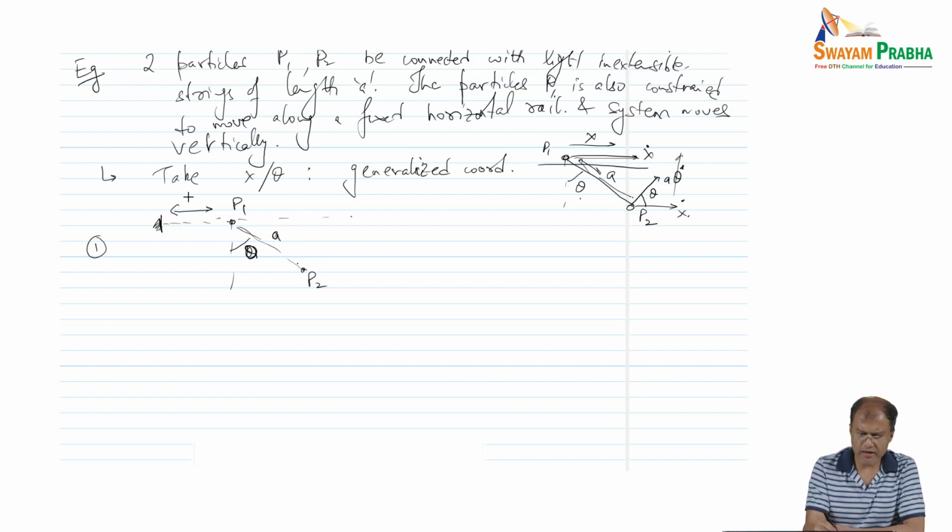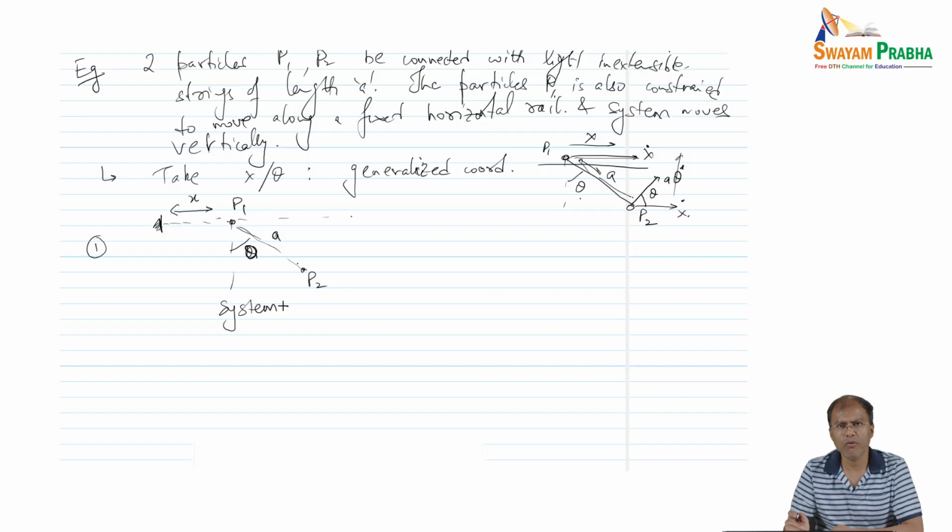So let us say at any given time point the displacement is x. So this is our system at any given point of time, the most general setup. And then we are going to vary our generalized coordinates.